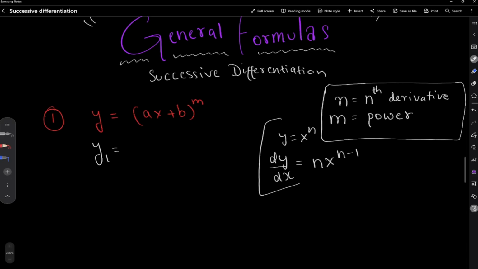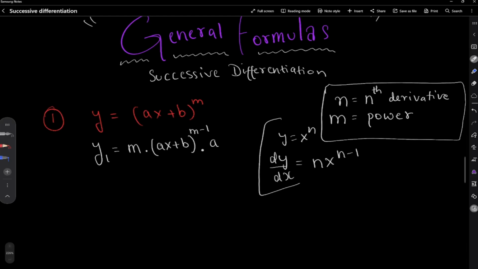I'll apply this formula in this equation. So m comes in front times (ax plus b), then 1 is subtracted from the power, m minus 1, times, using the chain rule, there will be an a.